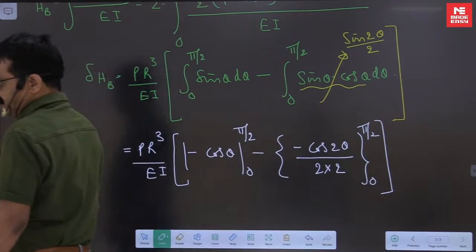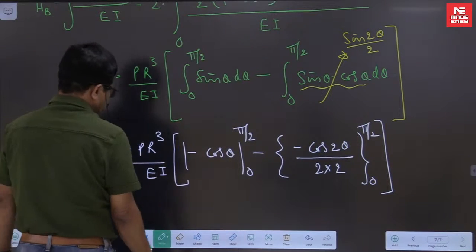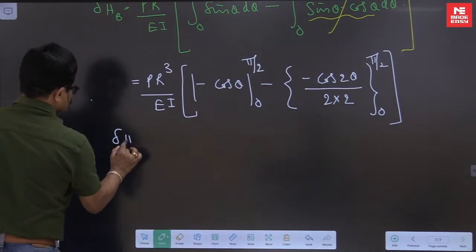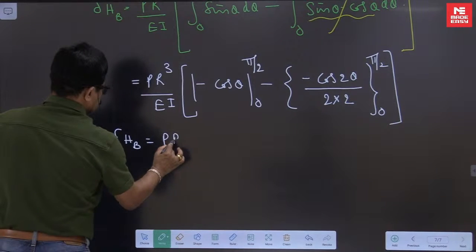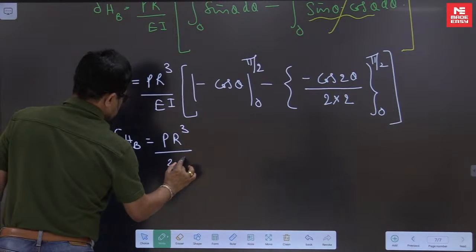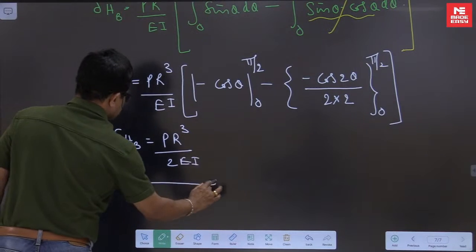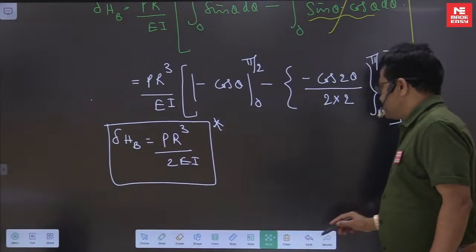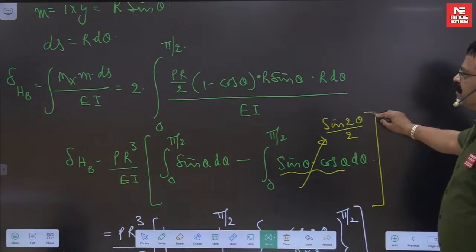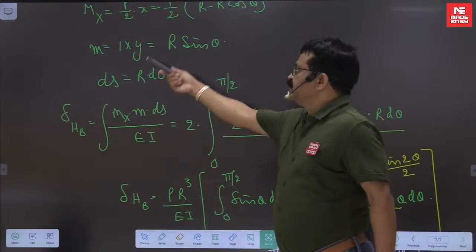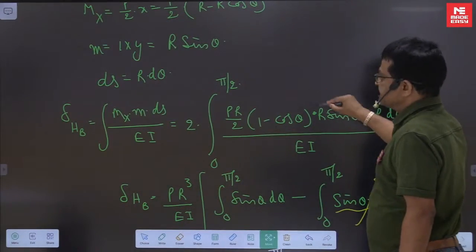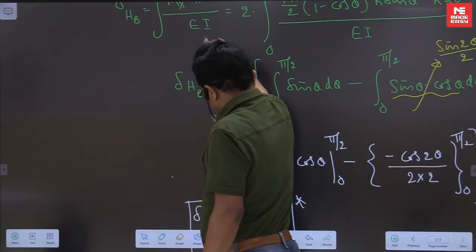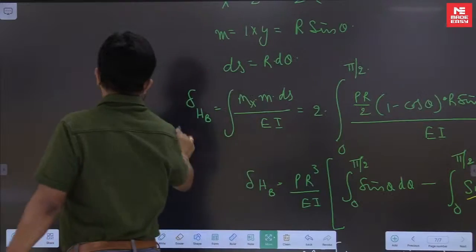So you will get 1 by 2 as that value, PR cube by 2EI. I think this is only the integration process. You only have to be careful about this part. Remaining thing is like repetition. So what is the answer? PR cube by 2EI.